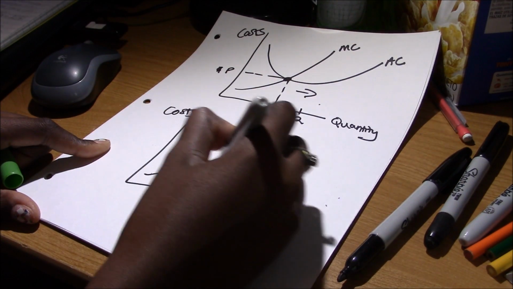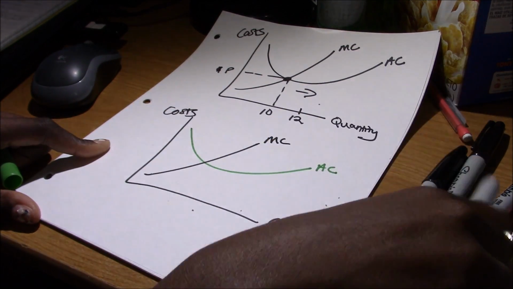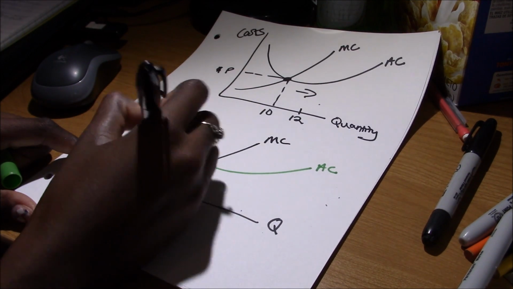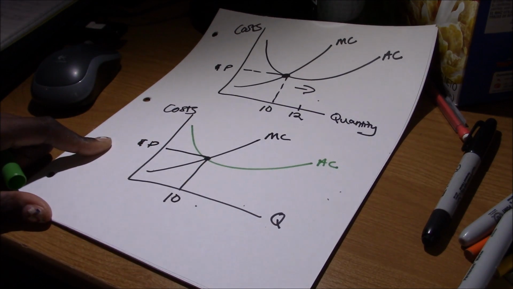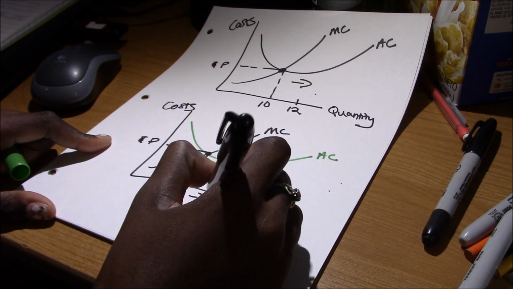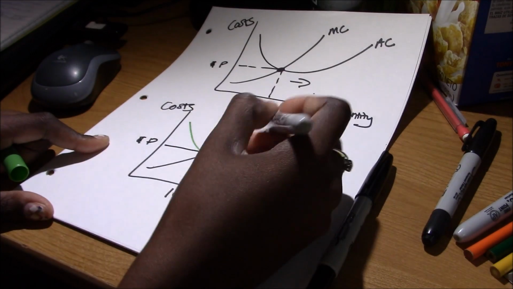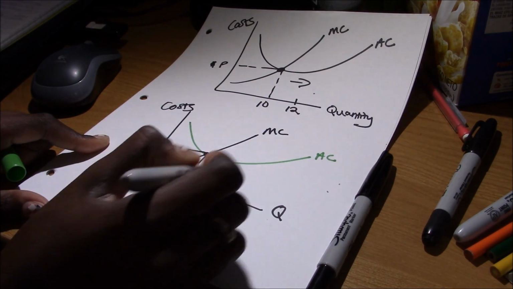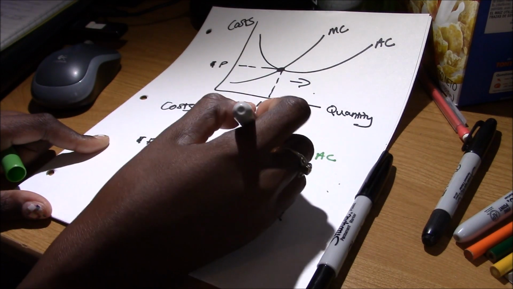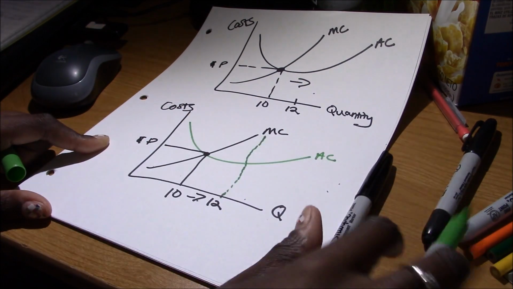Now we have my AC curve. Right here is where they meet at some said price and some quantity. Okay? Now, if we go on over here to produce 12 units, right here we can see that our marginal cost at 12 units is above, this line is kind of crooked, but you guys get the gist of it.